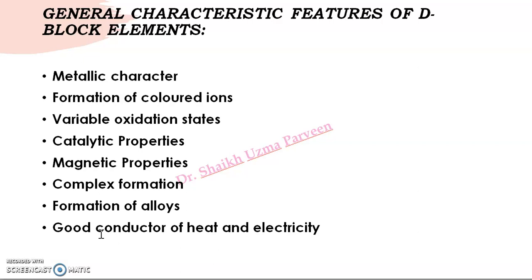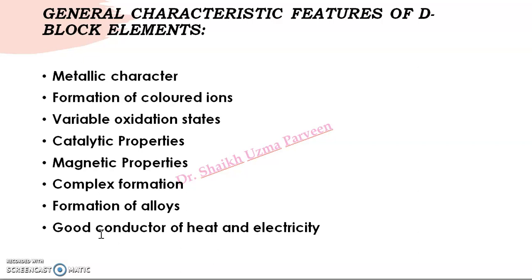Some examples of catalysts are iron with molybdenum, which acts as a catalyst in the synthesis of ammonia by Haber's process, and vanadium pentoxide, which is used for the catalytic oxidation of SO2 to SO3. Magnetic properties. Magnetic properties of a substance are determined by the number of unpaired electrons present in it.